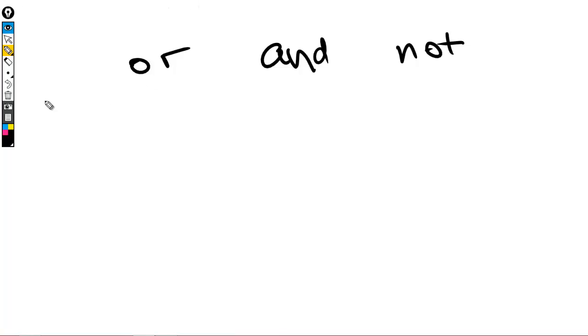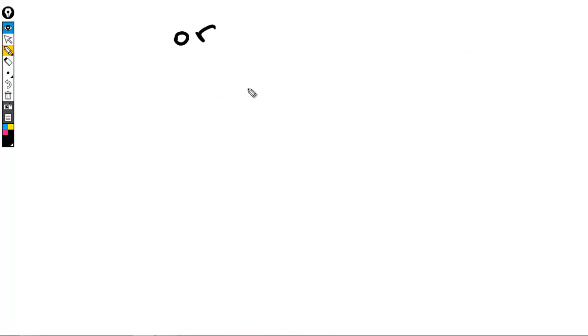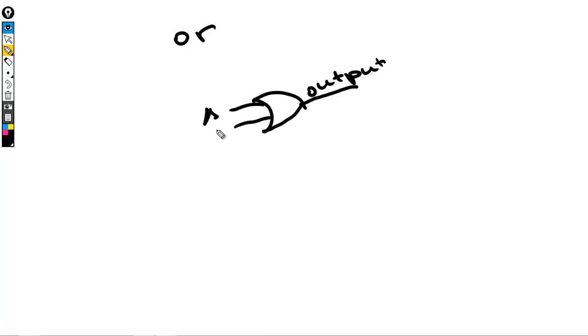Let's start off with OR. OR has a symbol that looks like this. I can't draw very well, but here's our output, and here are two inputs, A, B. Different gates have different truth tables.